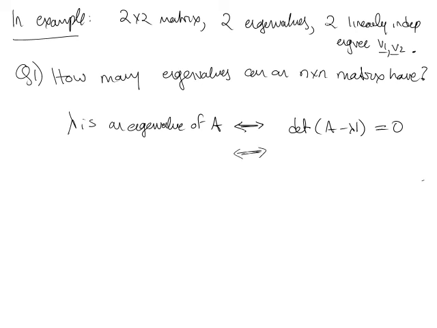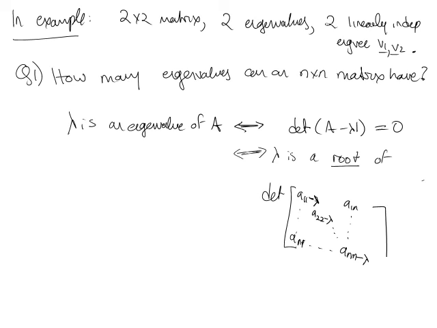Another way of saying that is that lambda is a root of the characteristic polynomial, the determinant of A minus lambda I, which let's write out in terms of the entries of A. Suppose the entries of A are A11 up to A1n, and so on down to Ann. A minus lambda I is the same thing, but with lambda subtracted off the diagonal entries, and the rest of the entries are the same. So the eigenvalues are roots of this determinant.